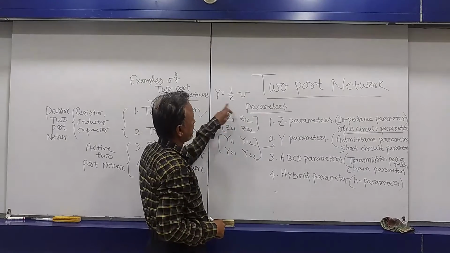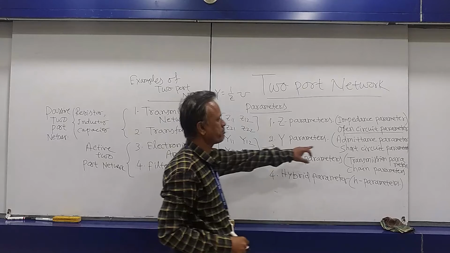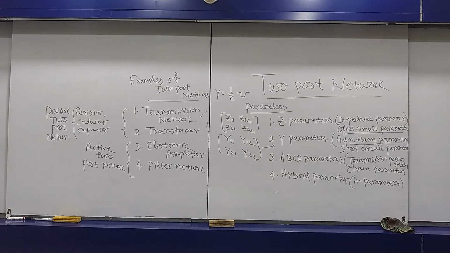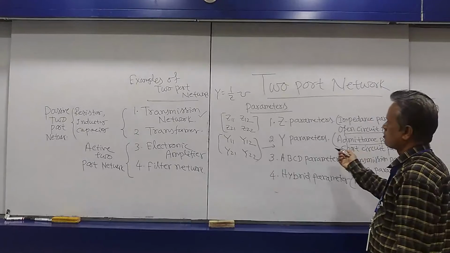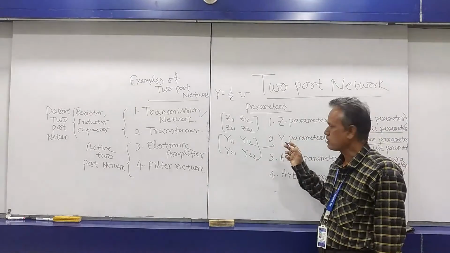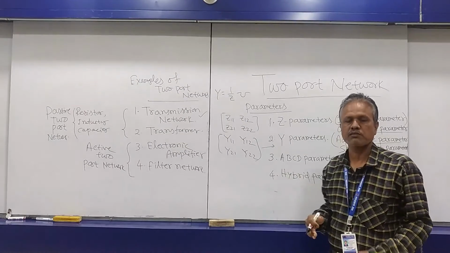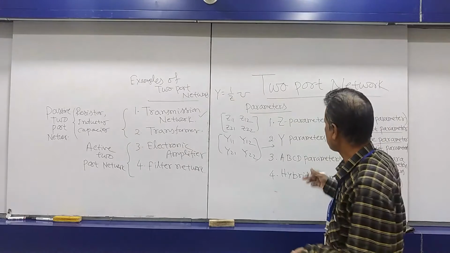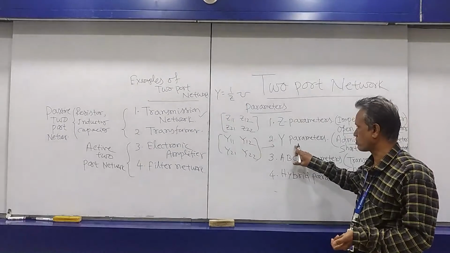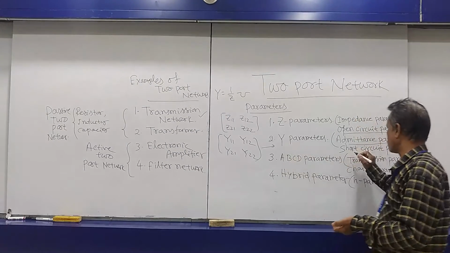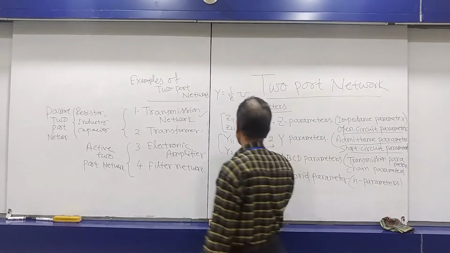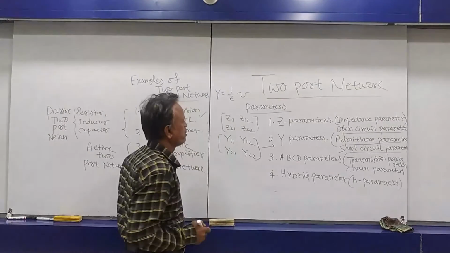That is why these parameters are also known as admittance parameters. Clear? These parameters are obtained by short circuiting first the input port, then thereafter short circuiting the output port. That is why these are also known as short circuit parameters, and we can write it in this way.